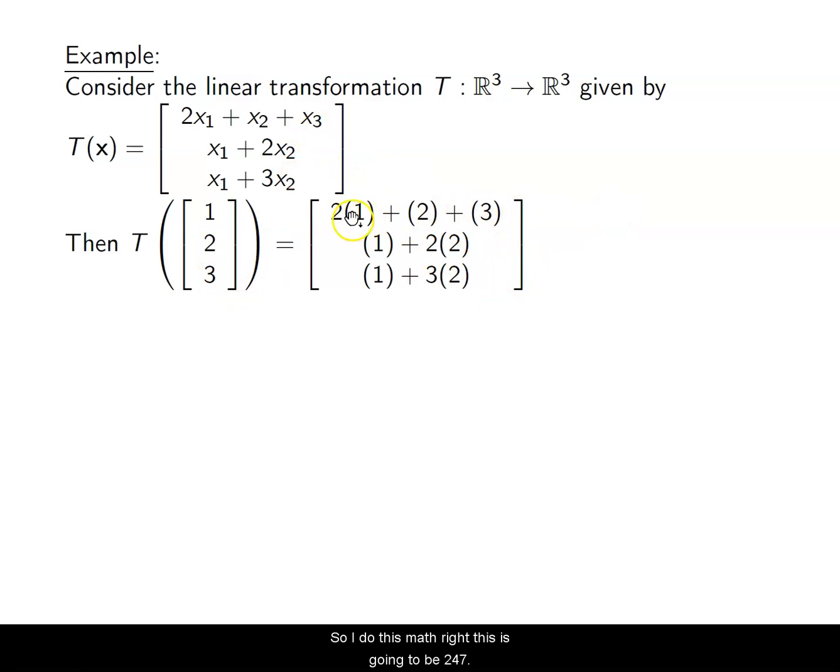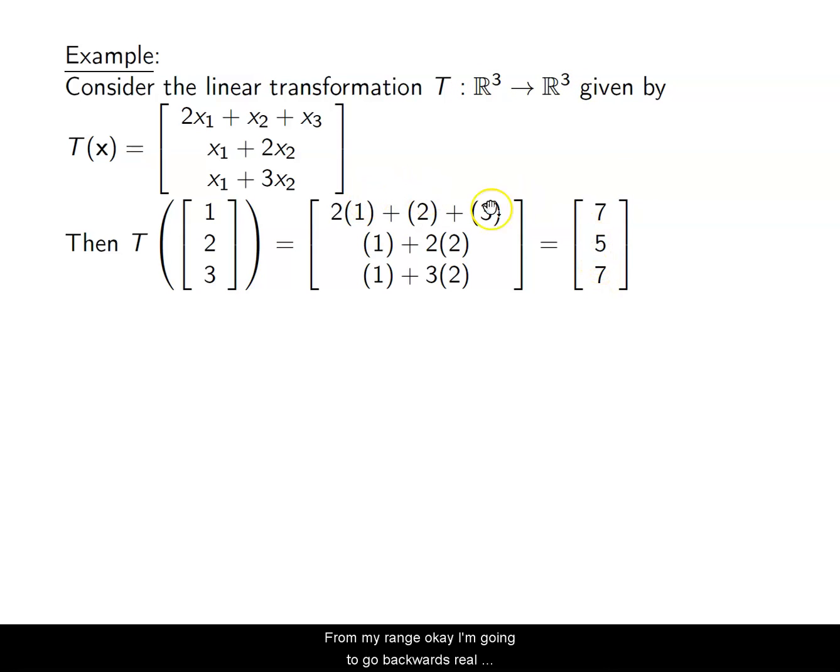So I do this math, right? This is going to be 2, 4, 7. This is going to be a 5. And this is going to be another 7 as well, right? 7, 5, 7. So this was my input from my domain, and this is my output from my range.